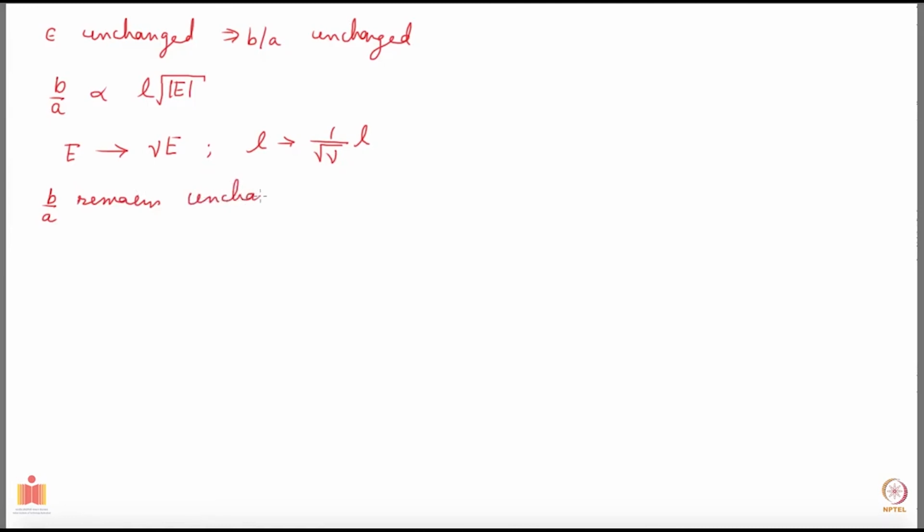Yeah, E goes as nu, so you get a square root of nu times E here. So L times square root of E: L becomes 1 over square root of nu times L, and E becomes nu E, and these two cancel. So you get the same thing back.